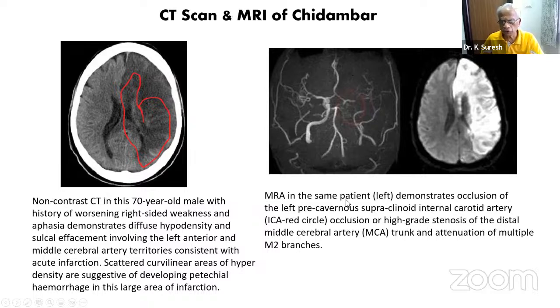Angio, you can see it shows occlusion of the left precavernous supraclinoid internal carotid artery, which is this circled area. There is also distal middle cerebral artery, what is called MCA, trunk attenuation. So these are the damages. Of course, this is not for the family physician to interpret. But once you get the CT scan done, it is not very difficult, and though the imaging specialist also gives you the report, you can also have a look at it.